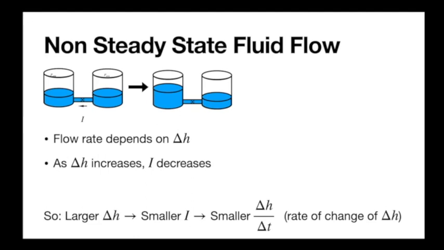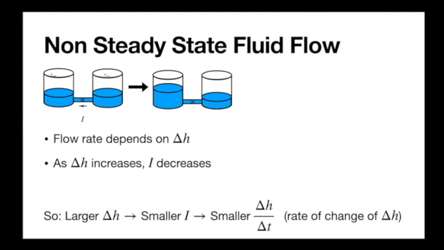We need a factor of pi r squared, because it's a cylinder, right? So to actually calculate the volume and relate it to the height, you need to do a little geometry. That I think you do in DL, but we're not going to be assessed on that. But anyway, I hope you can see that the flow rate determines the rate of change of the height. The larger the flow rate, the larger the amount of volume per time flowing from one side to the other, the quicker delta H is going to change.